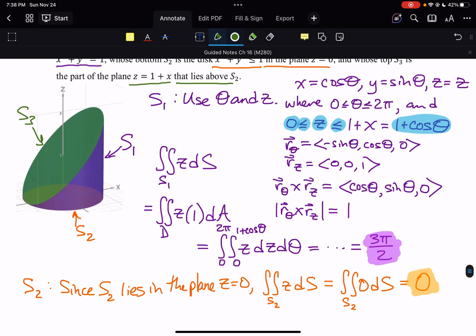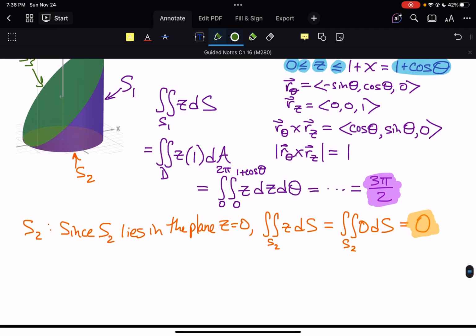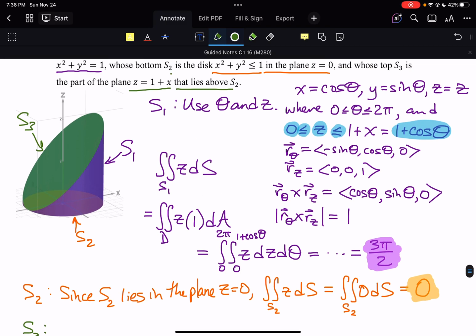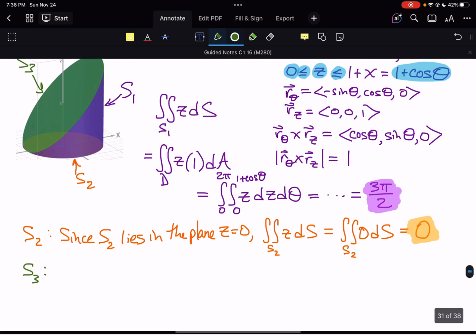And then for the plane. So the plane for S3 has a formula that's written as a function. Z is a function of x and y. There is no y listed here, but that's okay. The variable doesn't have to appear to still be a valid variable. So for S3, we're going to take g of x, y to be 1 plus x.